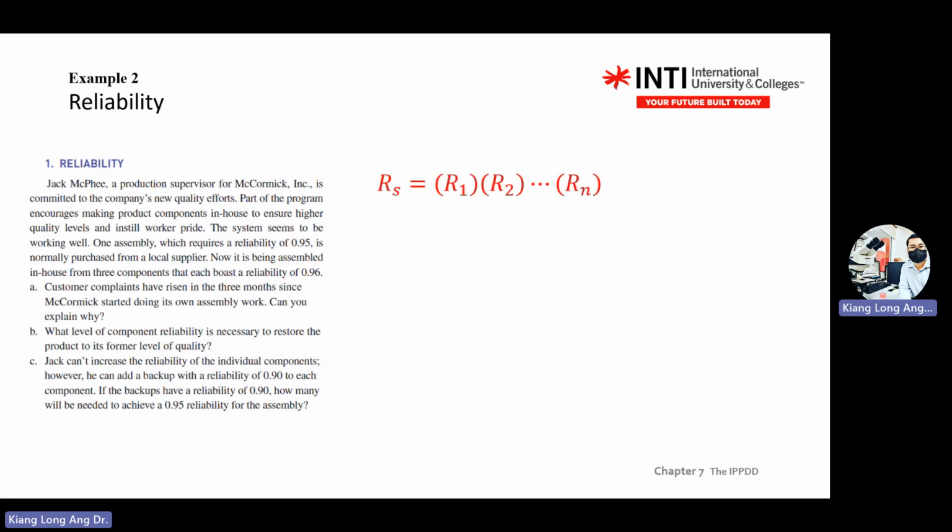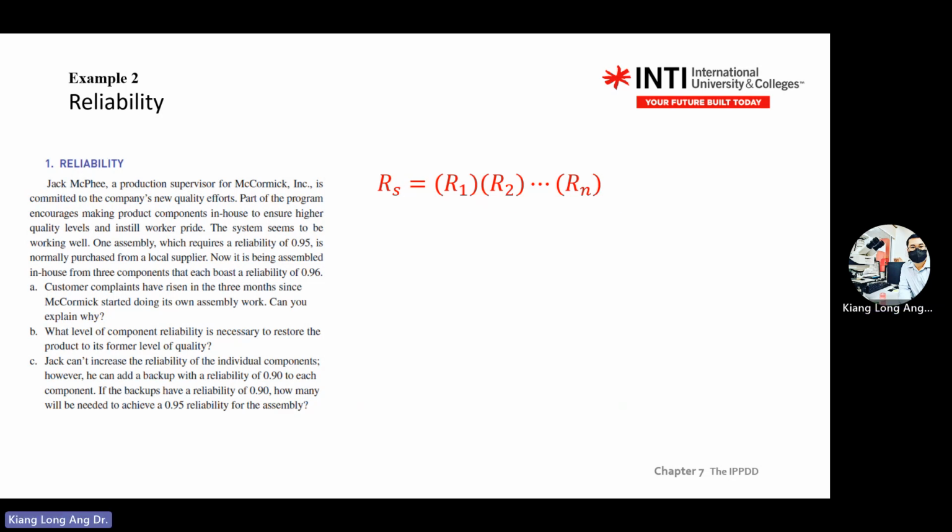Okay, so you know that you can either do series or parallel, right? The first case asks you why customers complained for the last 3 months when the producer supervisor was doing his own assembly work.